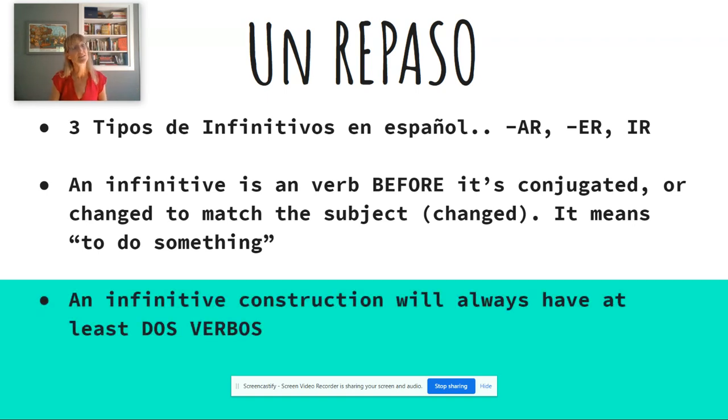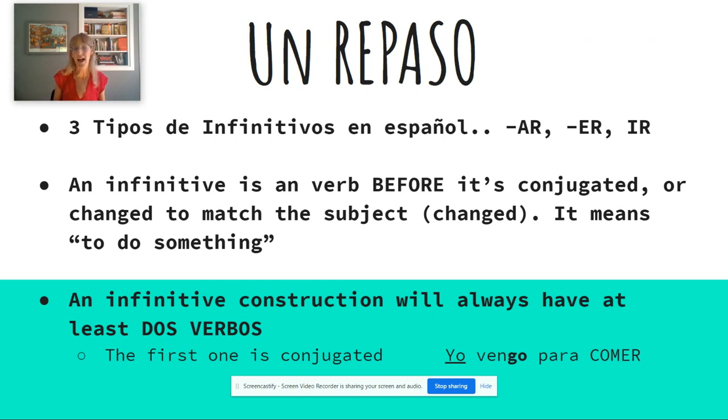And an infinitive construction will always have at least dos verbos. The first one is conjugated. Yo vengo para comer. I come in order to do what? To eat. Vengo para comer en el restaurante Arturo's porque es riquísima.